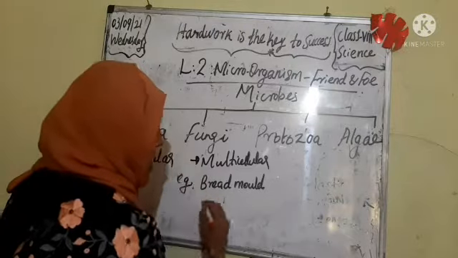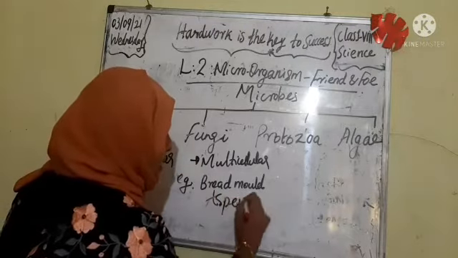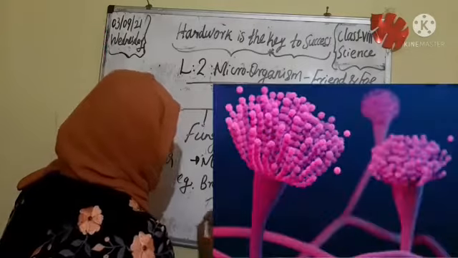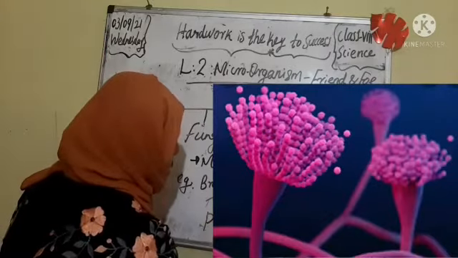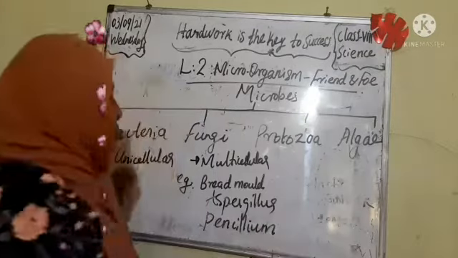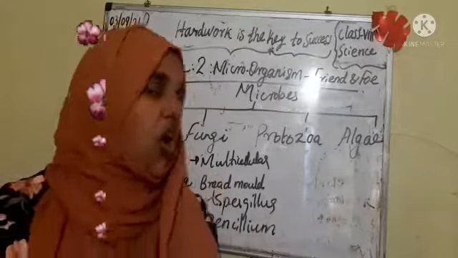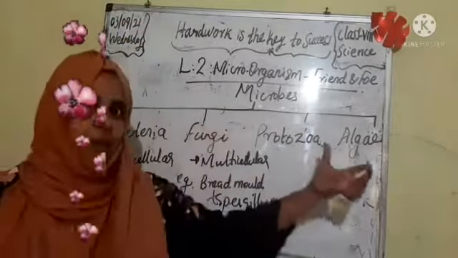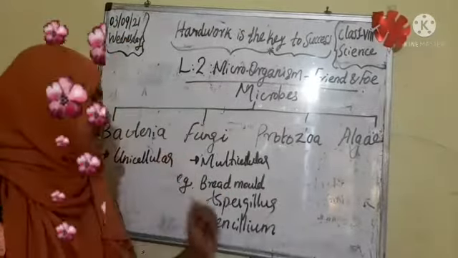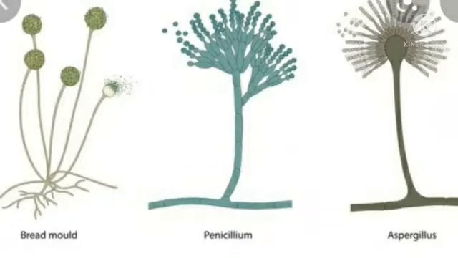And another example is Aspergillus and Penicillium. These terms are important. You should learn the different examples of these types of microbes. So fungi examples are bread mold, Aspergillus and Penicillium.